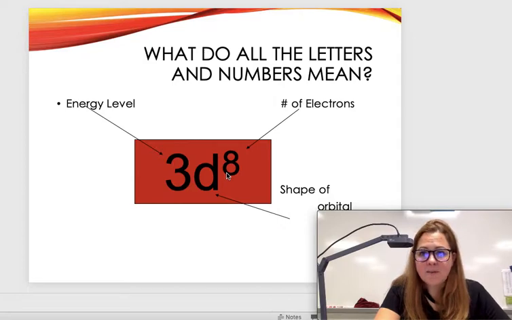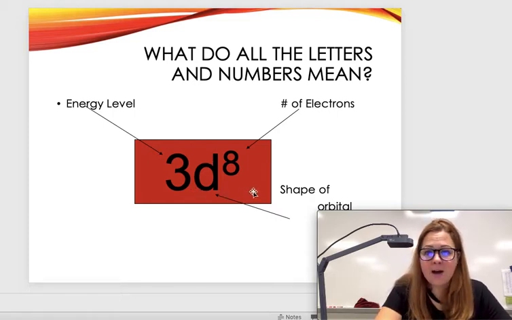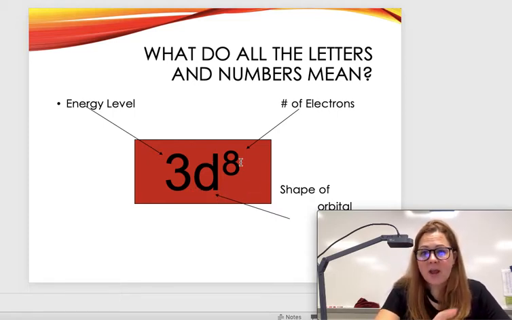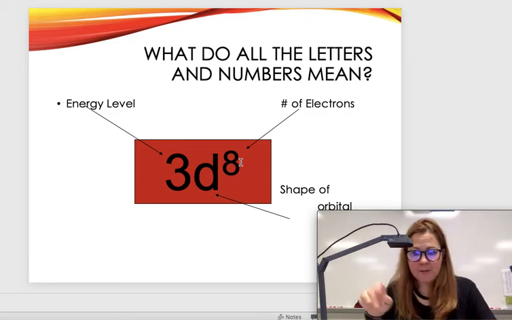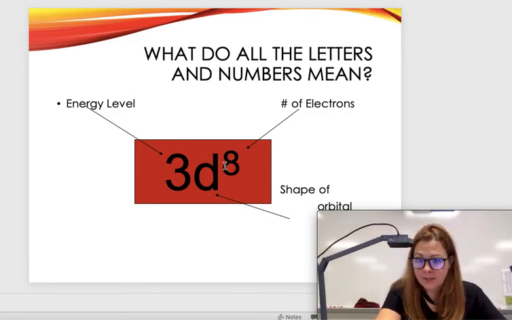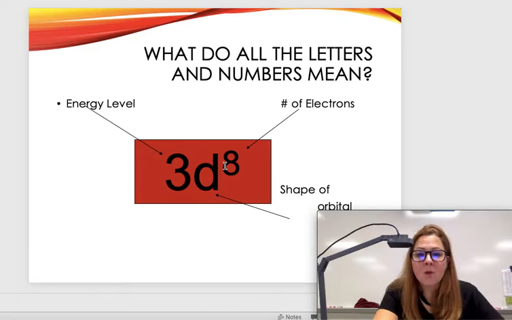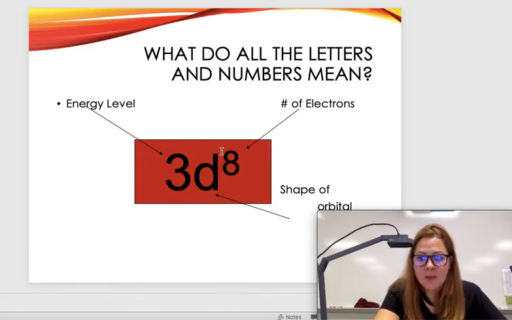A D has 5 orbitals, so you would draw 5 lines, take your 8 electrons and put the arrows spinning up and down in different directions, spreading them out first and then doubling them up. We're just going to write down the number 8. This says that in the third energy level, D-shaped orbital, a cloverleaf shape, there are 8 electrons.